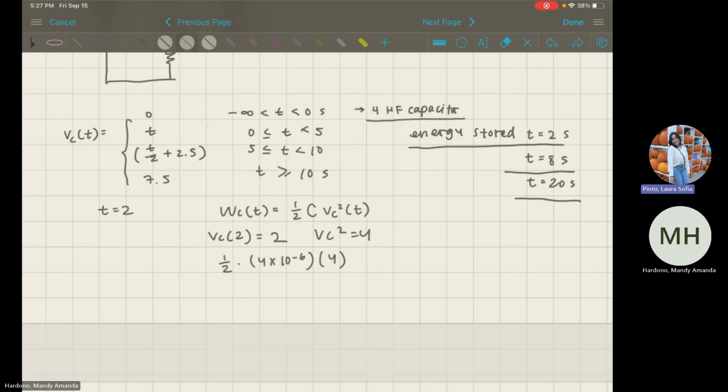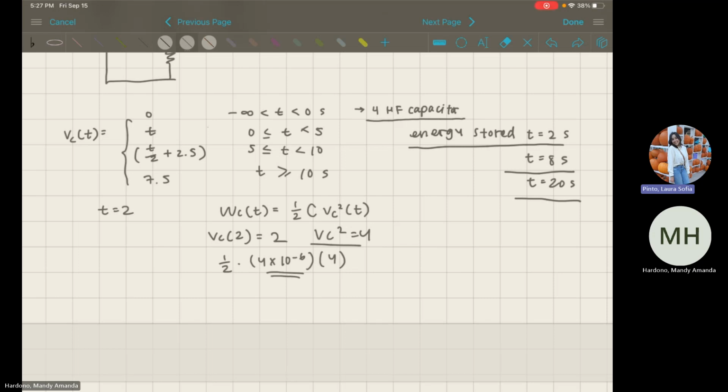Make sure I'm understanding this right. It's 1/2 times 4 microfarads, which converts to 1/2 times 4 times 10 to the power of -6, times 4? Yes, it's times 4.